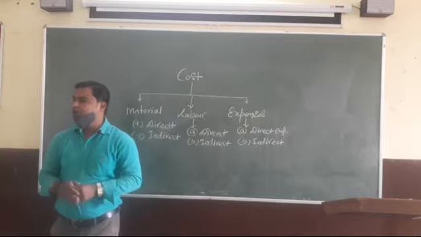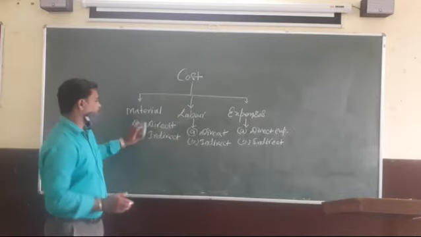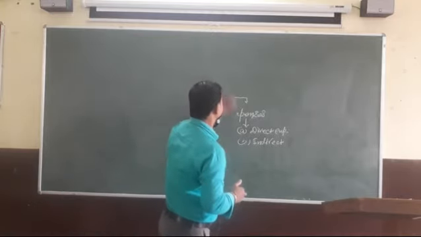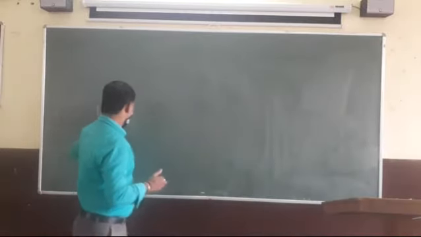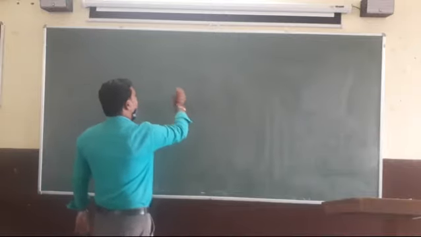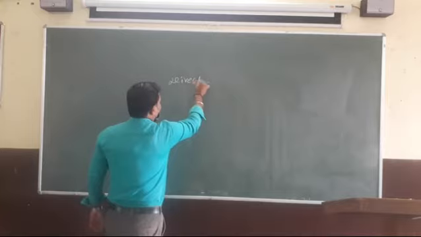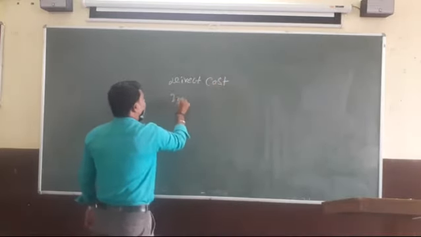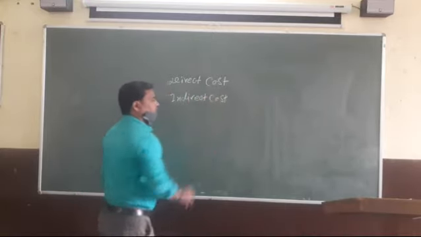Now we will talk about the cost on the basis of their nature. On the basis of nature, how many kinds of costs are there? First is direct cost and indirect cost.